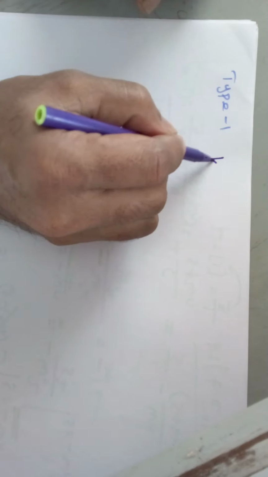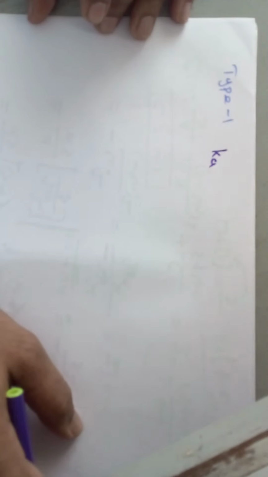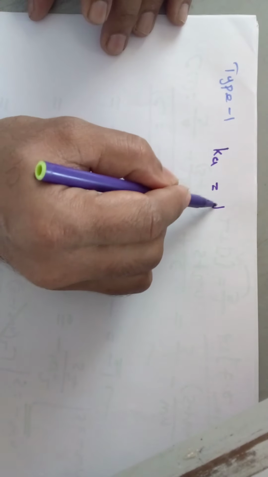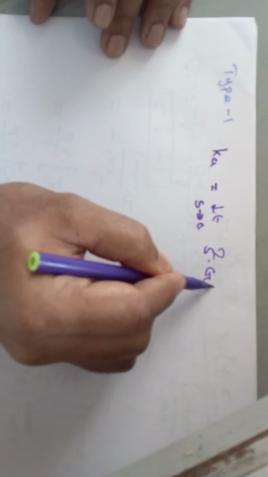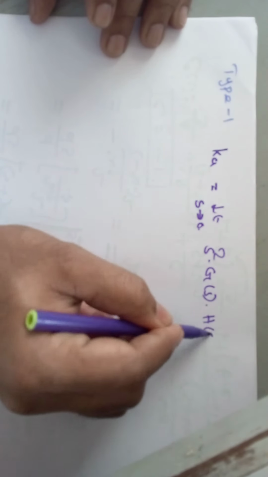So for a type 1 system, you just calculate the acceleration error constant Ka. Your Ka will be equal to limit s tends to 0 s square into g of s into h of s.